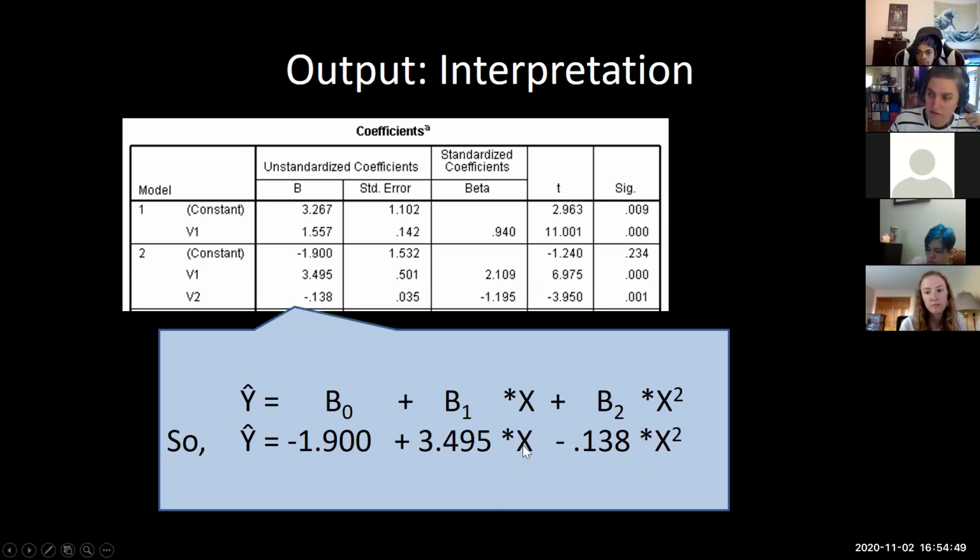If it's 1, it's 1, and 1 squared is 1, so that's boring. If it was 5 minutes spent practicing, it would be 5 and 25. So you can see how this little tiny number, it's not very big, can make a huge difference when you're multiplying it by 25. It's really going to decrease the size of that slope.